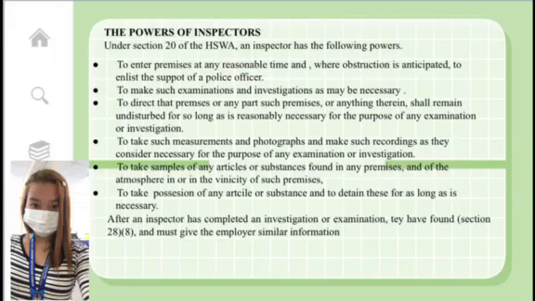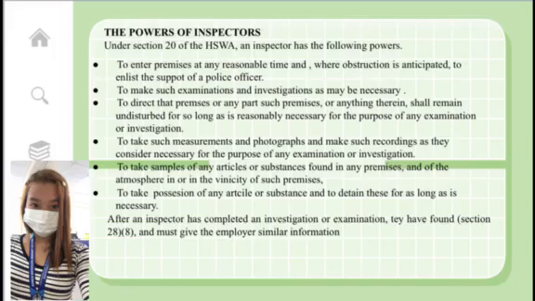Lastly, to take possession of any article or substance and detain it for as long as is necessary. After inspectors have completed an investigation or examination, under Section 28(8) they must give the employer similar information.